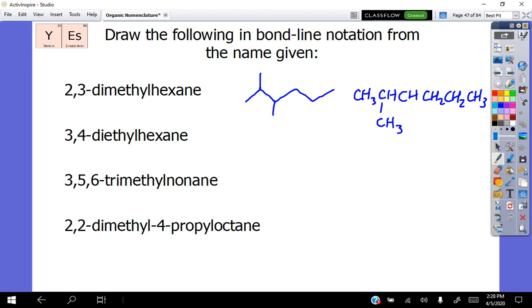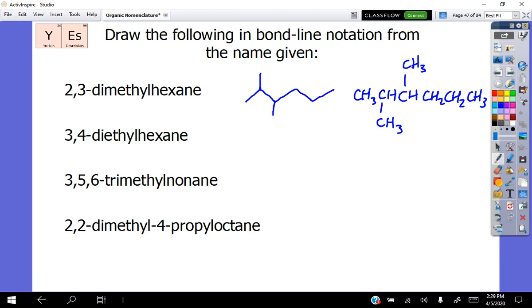Notice I wrote 1 less H because this carbon is bonded here, here, and here. So since it's got 1 branch, there's 1 less H. And then I did the same thing over here for the 3rd carbon. This would be the condensed structure for this molecule. I'm not going to do condensed for all of these because it didn't ask for it, but you might see that on another worksheet. So that is something you could draw as well.